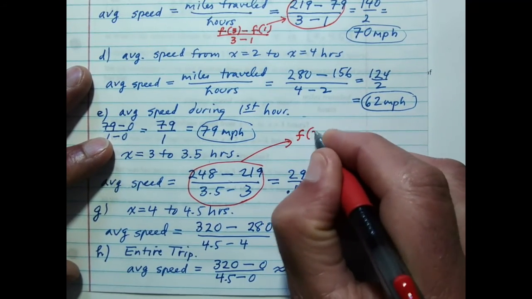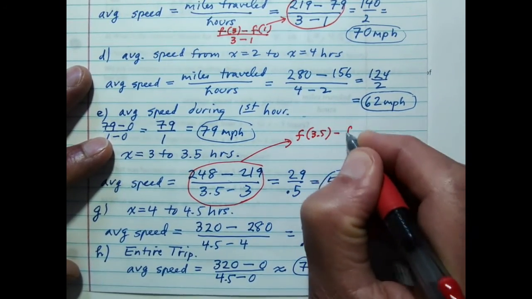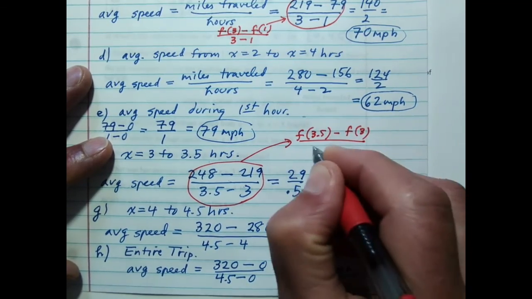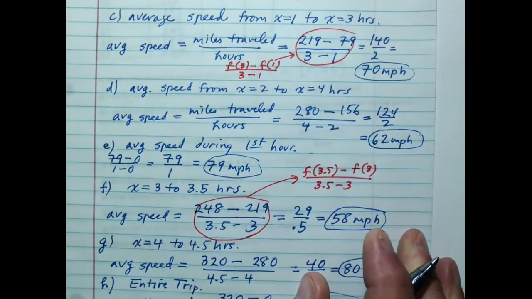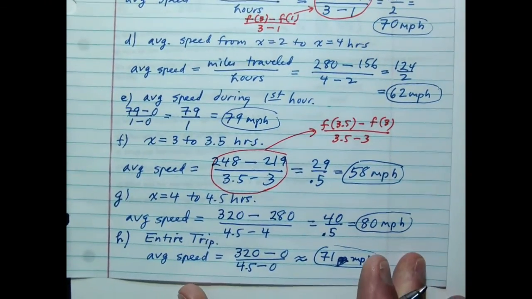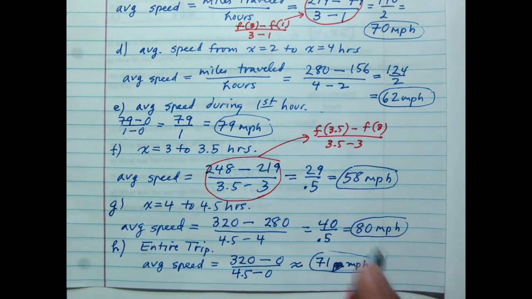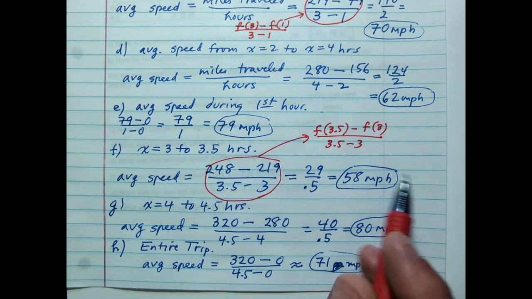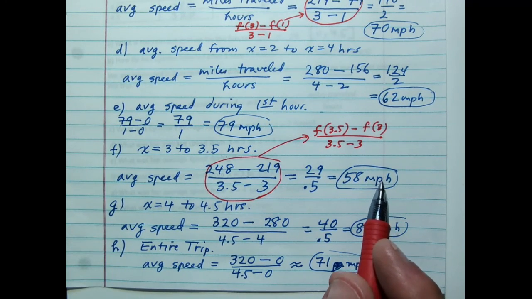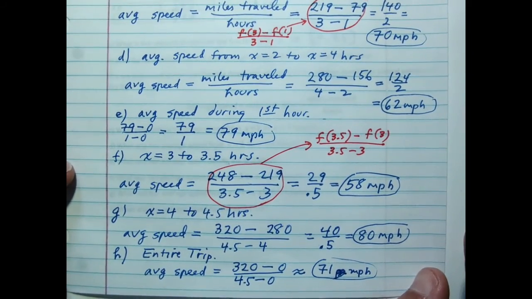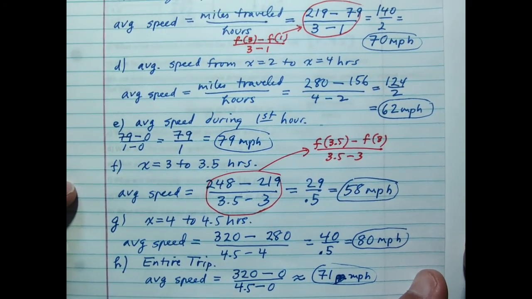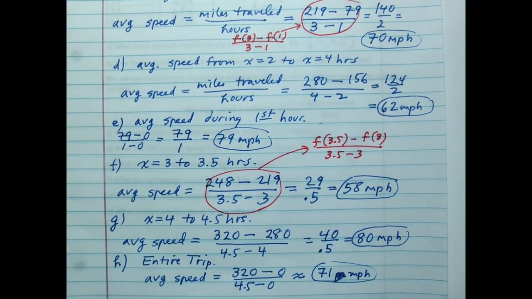That's like f of 3.5 minus f of 3 over 3.5 minus 3. So each one of these average rates can be described as a difference of function values divided by the corresponding difference of input values. And I think that's it. And we'll turn this into a more general formula.